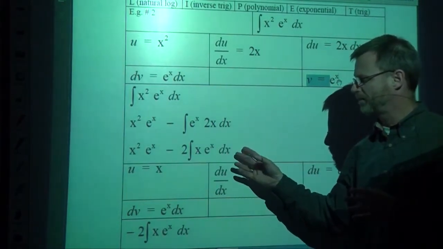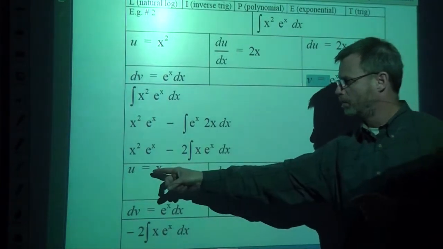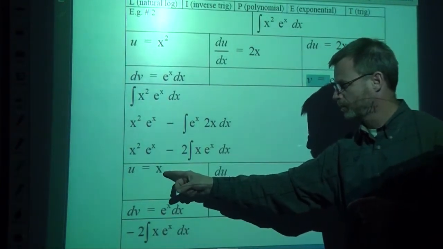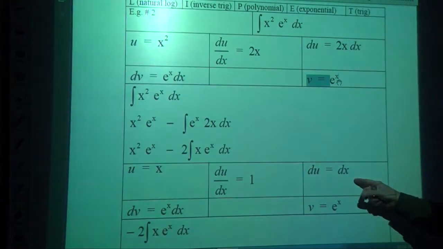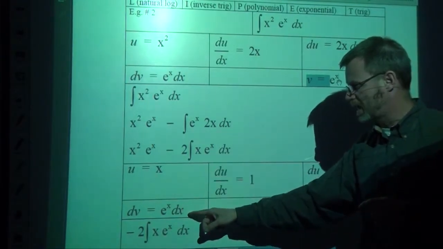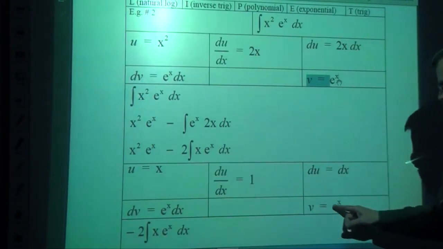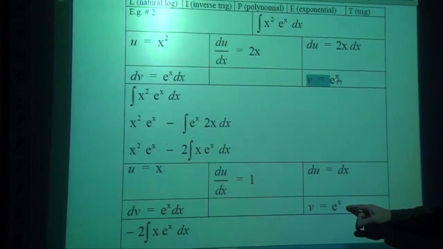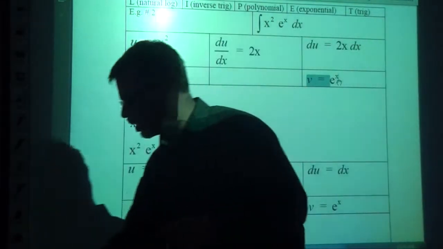And for what we have left, we're going to assign mu equals x. We differentiate across. dv is e to the x dx. We integrate, we get e to the x. So then we pick up from where we were.